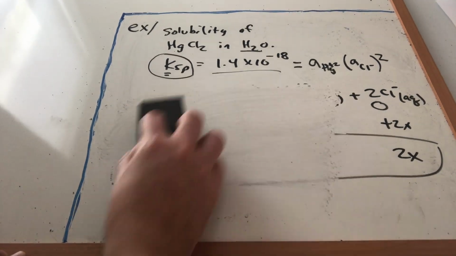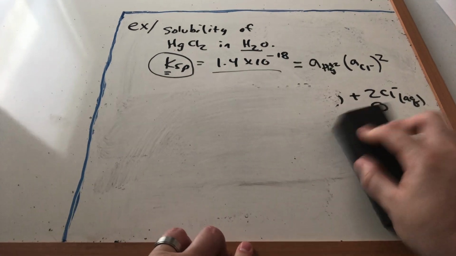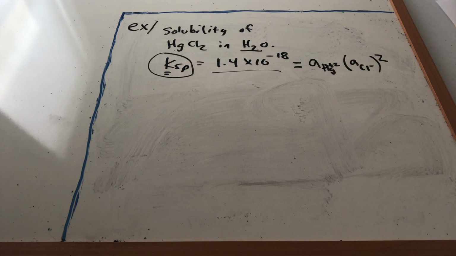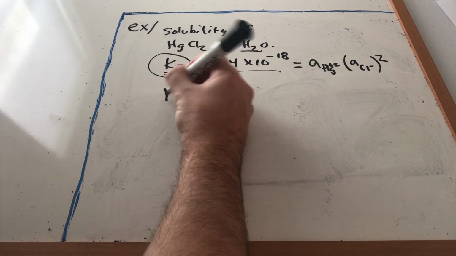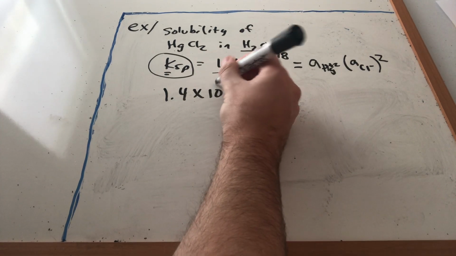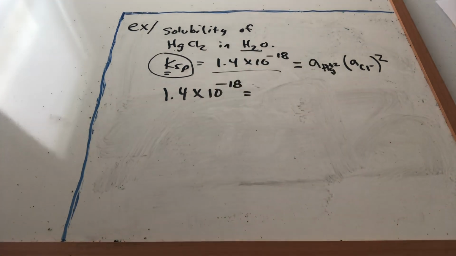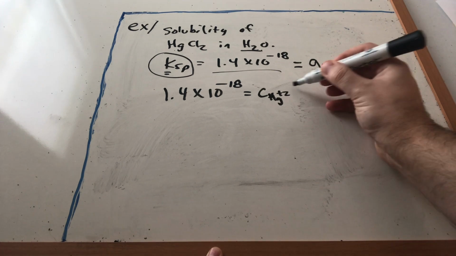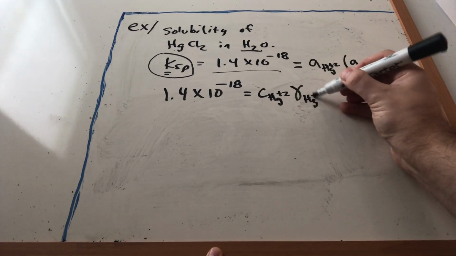So let's take a look at our Ksp. For each activity, let's write down the correct expression, which is that activities are concentrations times the appropriate activity coefficient.